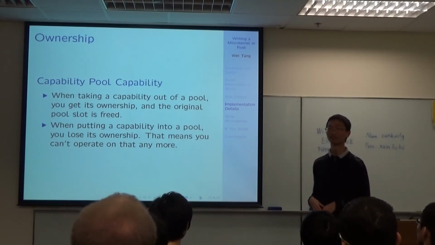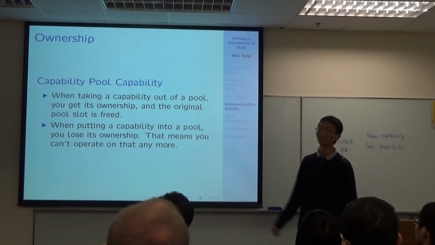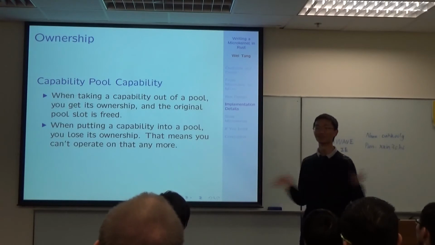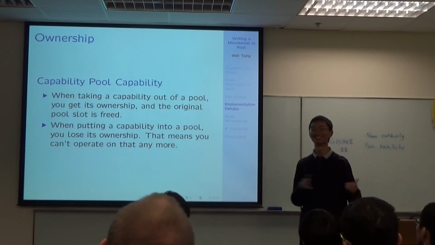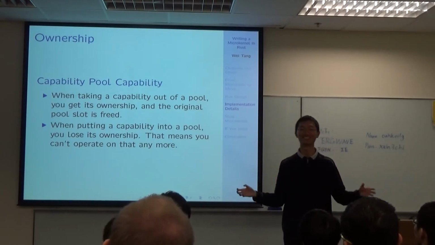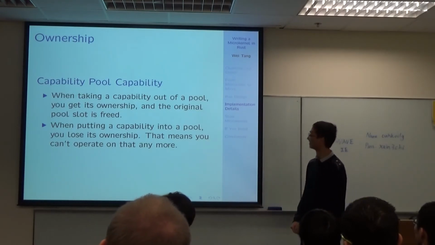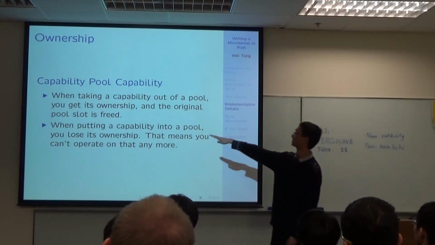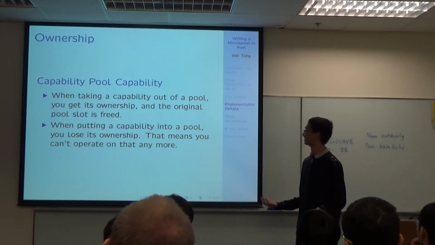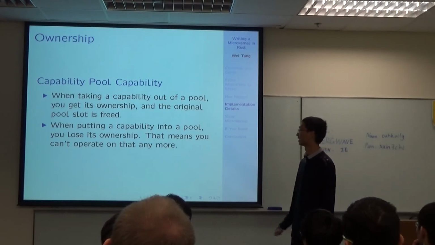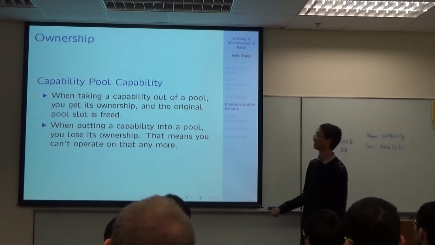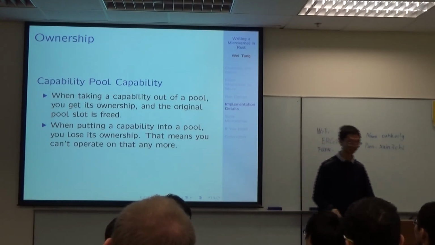Completely? Yeah. So basically the capability pool has a lot of unsafe code. You take it out, and then you have the ownership, and when you put it in, you also enter a lot of unsafe code. When you put the capability into a pool, you lose ownership and can't operate on it anymore, so that also enters a lot of unsafe code to make things work.